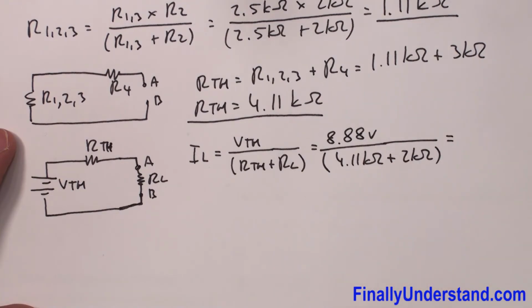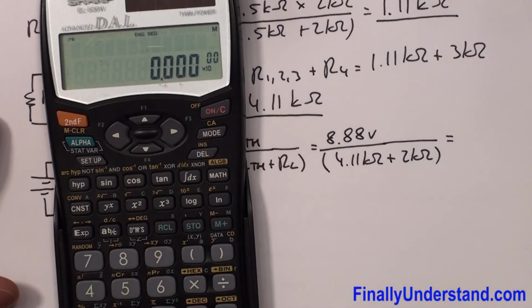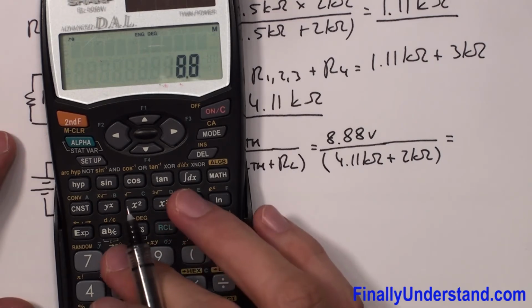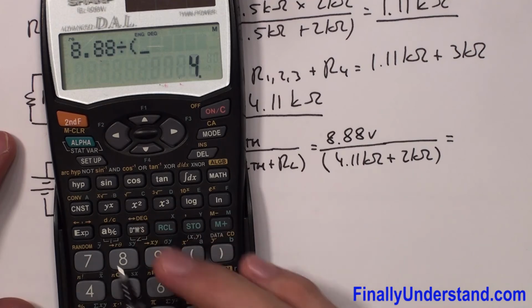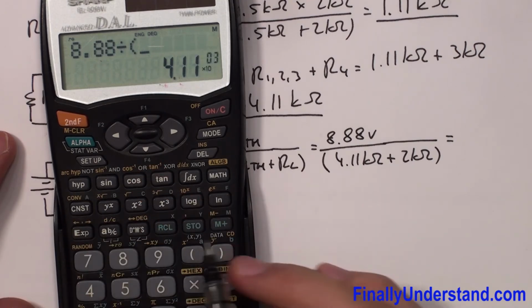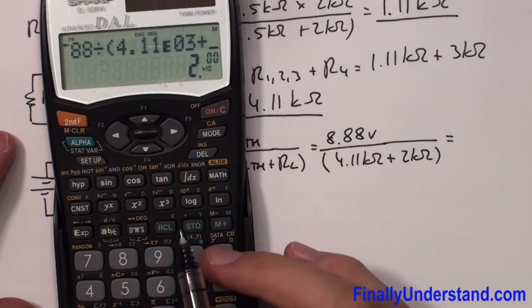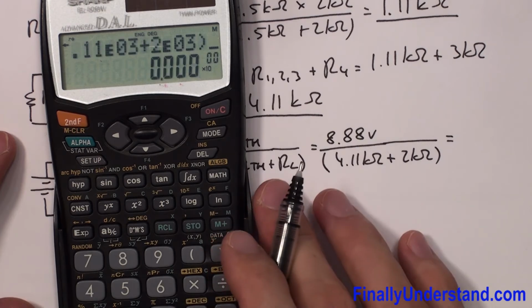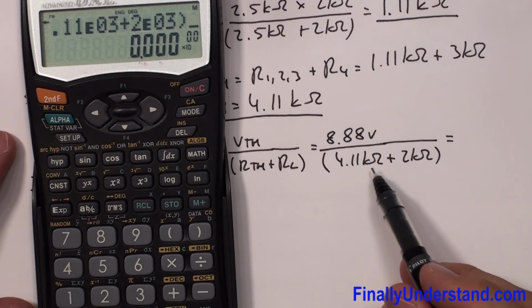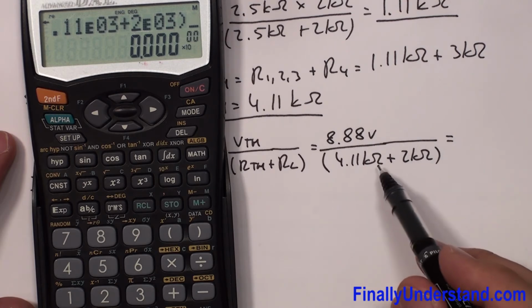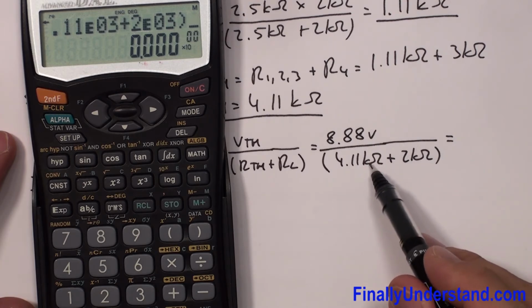This is equal to 8.88 divided by, open parenthesis, 4.11 exponent 3 plus 2 exponent 3. I do everything step by step because many students forget about the exponents. We have to include exponent 3 because we're dealing with kilos.